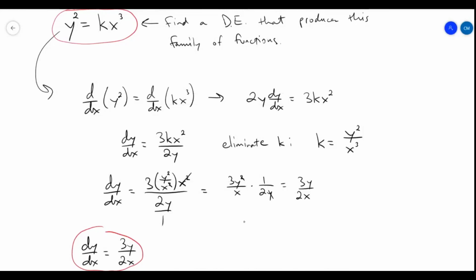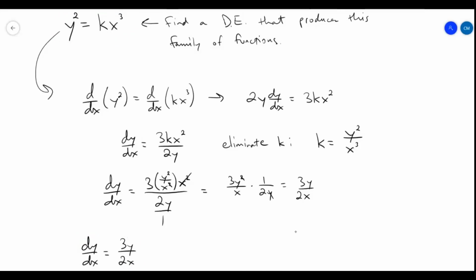Well, since we got that differential equation from that family of functions, what we would find is that all of those solution curves for all those various values of k would match the slope field produced by this differential equation. Exactly. Okay. Any questions about what we're doing so far?